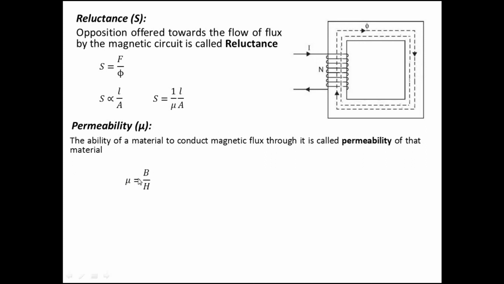Again we can define mu as the ratio of magnetic flux density to magnetic field intensity, and the unit is Henry per meter. The permeability of air is denoted as mu 0, which is equal to 4 pi into 10 raised to minus 7.